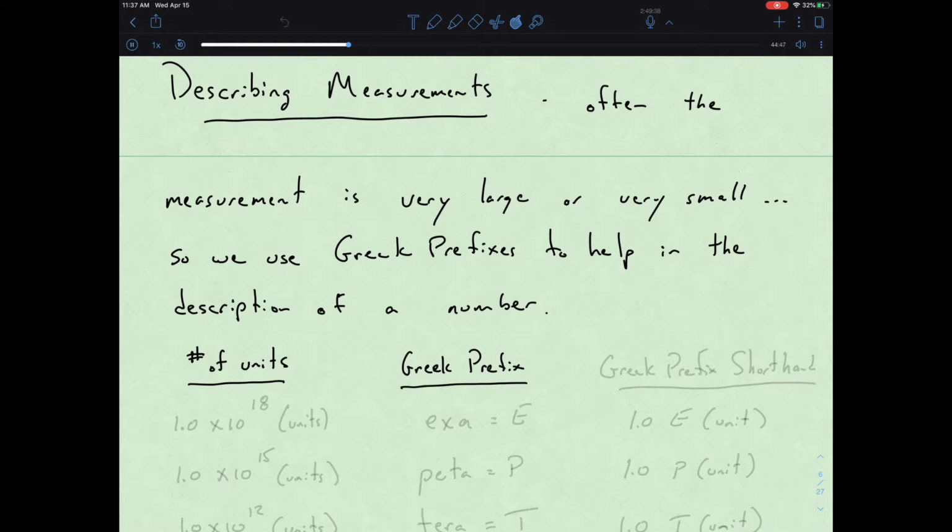And then we could have, in the far right, the Greek prefix shorthand.